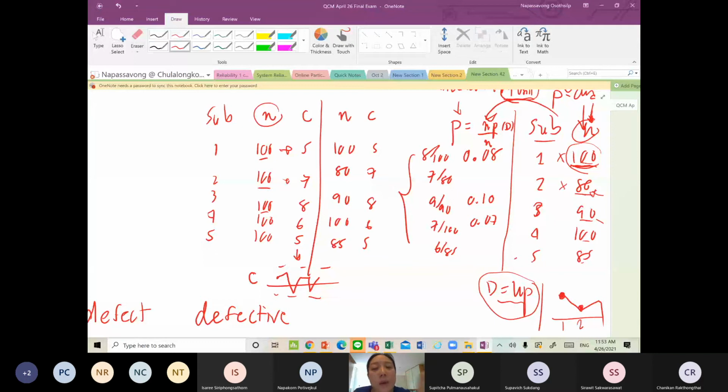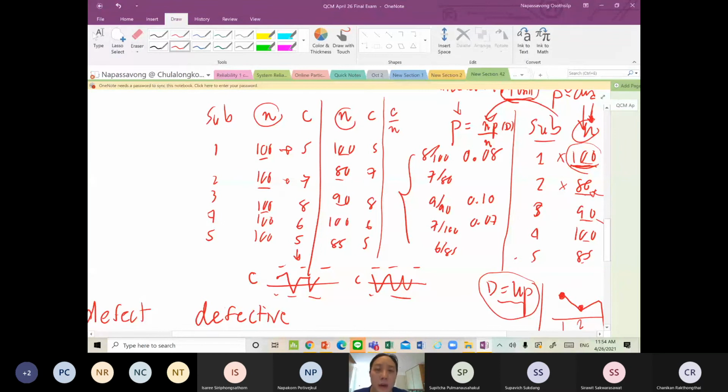If n is not constant, it's not fair to plot or compare C. So it's much better to calculate C over n.